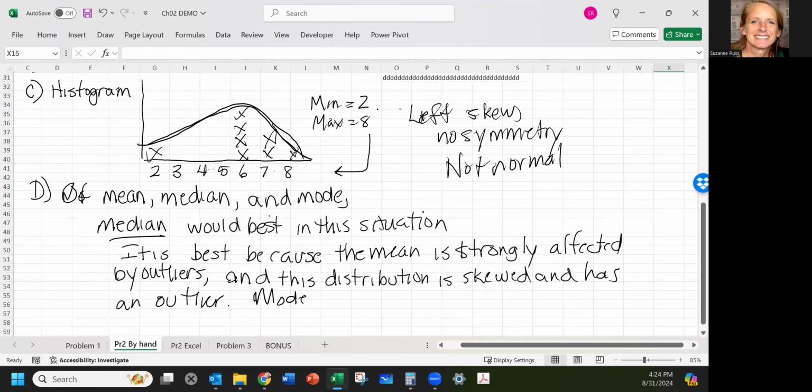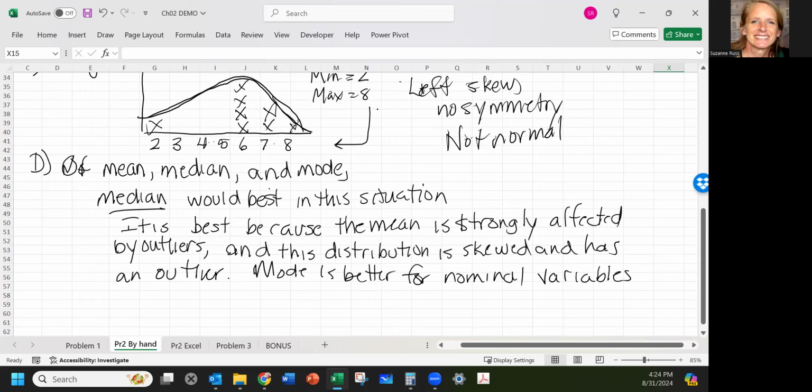Mode is better for nominal variables. Median is best in a skewed distribution.